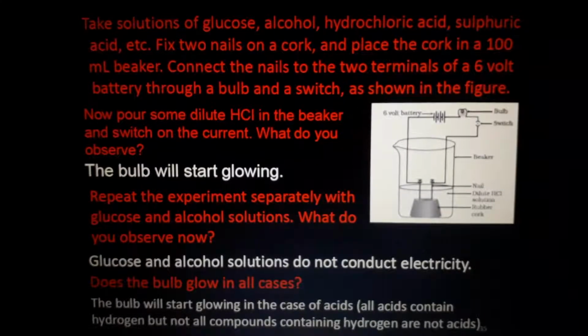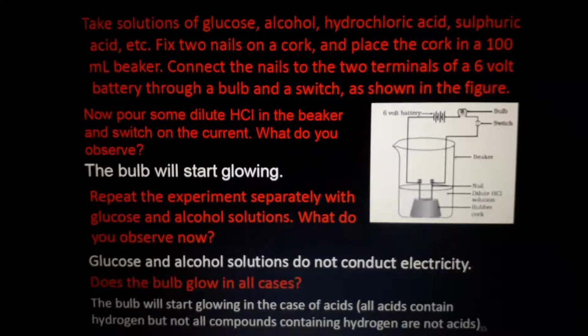But alcohol and glucose resemble acid. They look like acid, but they are not considered as acid. Why? Because they cannot release H plus ions. That is the main thing.